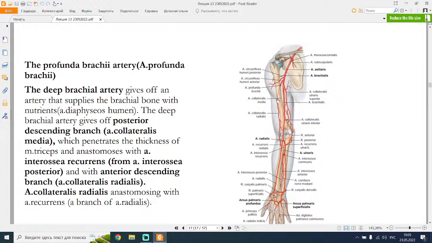The deep brachial artery gives off a posterior descending branch, arteria collateralis media, which penetrates the thickness of musculus triceps and anastomoses with the interosseous recurrent artery, and with arteria collateralis radialis.